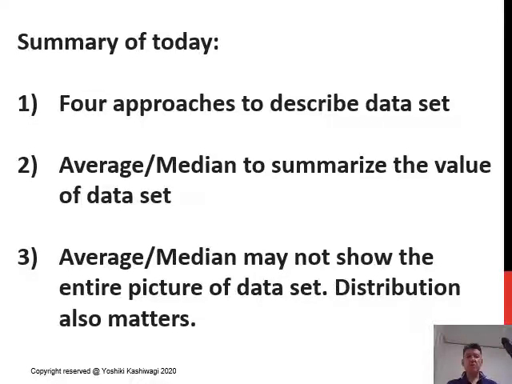So distribution also matters, and we are going to talk about distribution further next week. Please do not misunderstand. I do not say you should not or you cannot use average or the median. They are still very useful tools to describe or summarize the data. But still, that is not enough. That's the key message. And also we have other approaches to complement that risk. One of them is distribution.